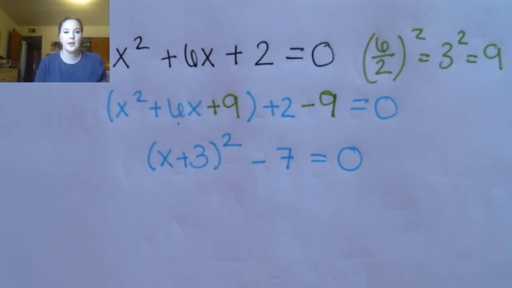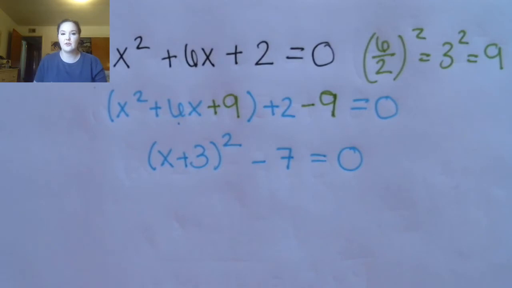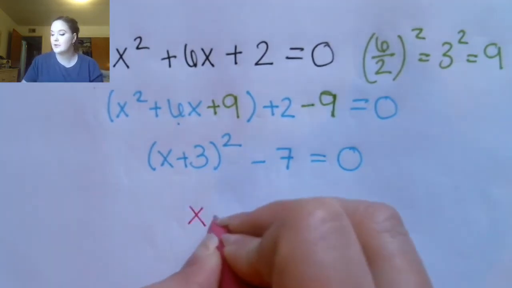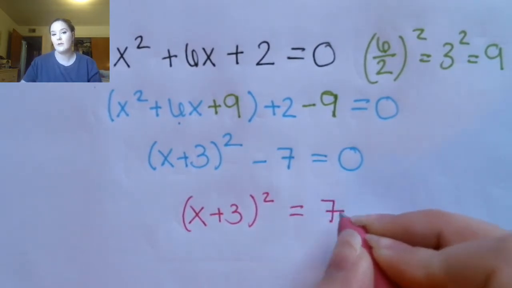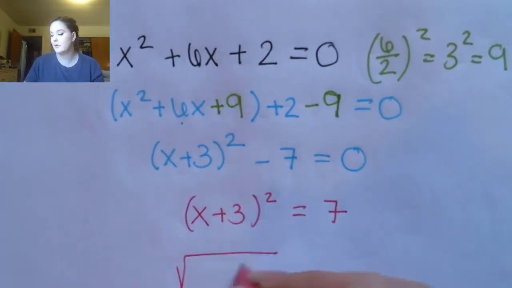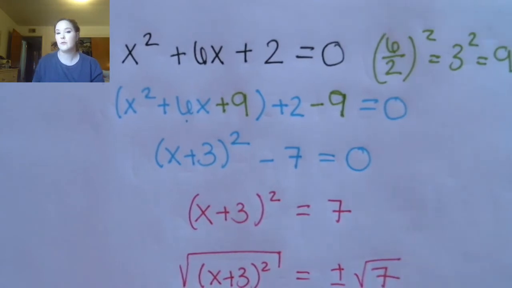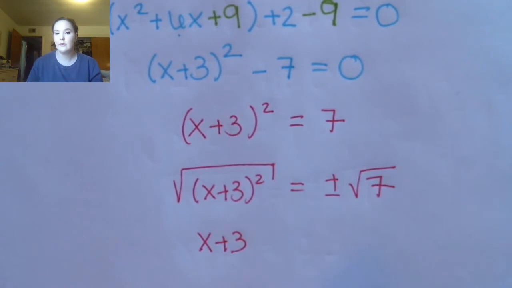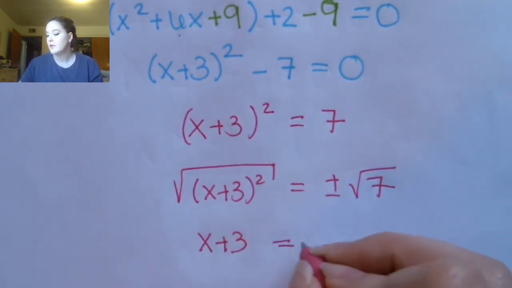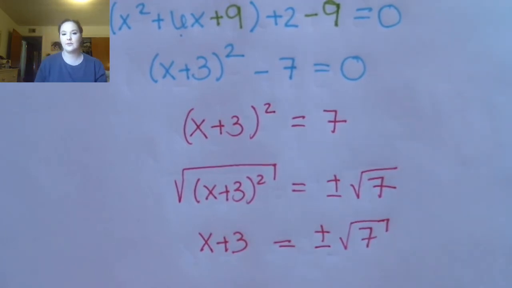Now that we have our completed square, we're going to solve this by using extraction of roots. So I'm going to add 7 to both sides. Then I'm going to take the square root. So this side will have x plus 3. Now over here, the square root of 7 doesn't come out evenly, so I'm just going to leave it as the square root of 7.